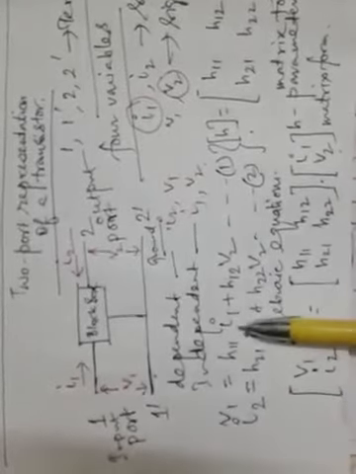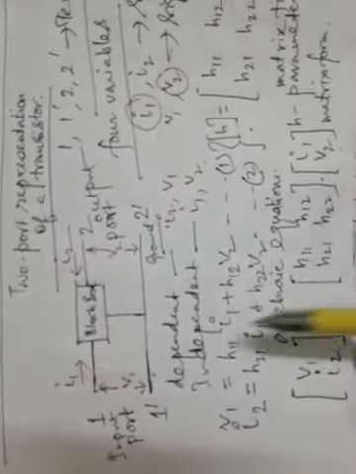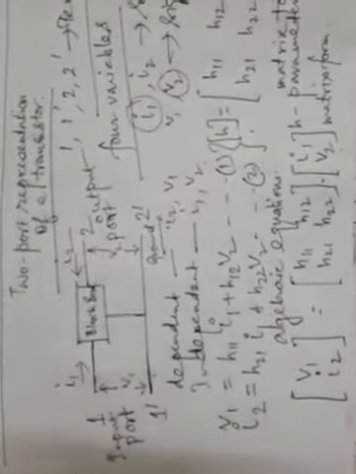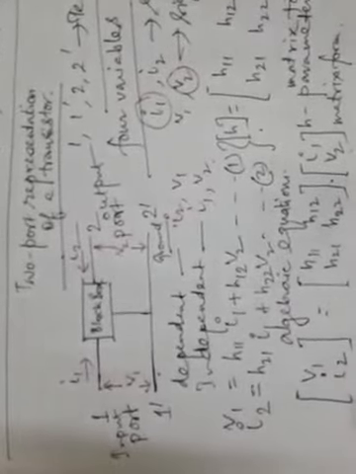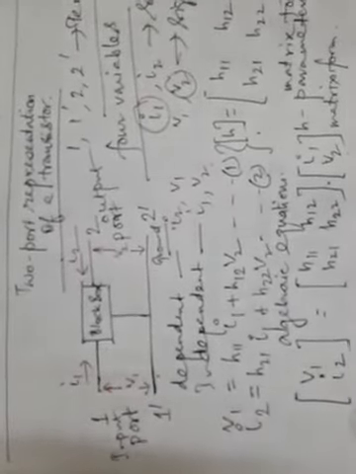This is the algebraic form, and this is the equivalent matrix form of these equations. So from here we are introducing you to a new concept of H parameters, and these H parameters are very important to study the analysis of transistor amplifier.